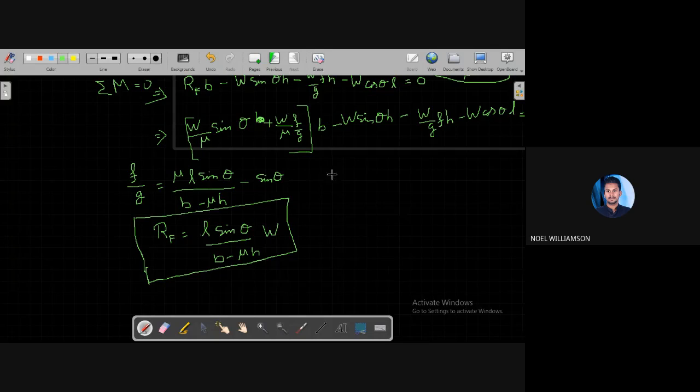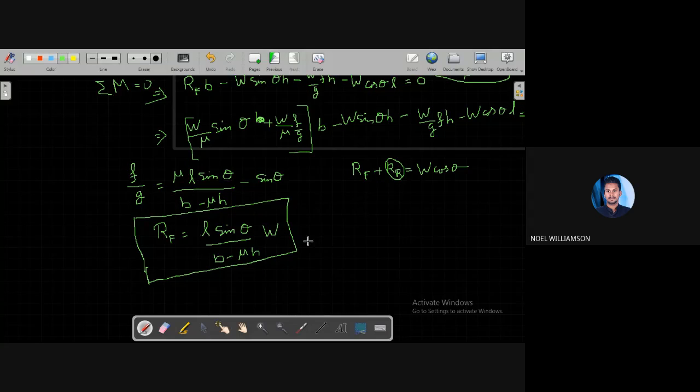And for RR, we already have a relation, that is RF plus RR equal to W cos theta. From here, RR will be equal to W cos theta minus RF.